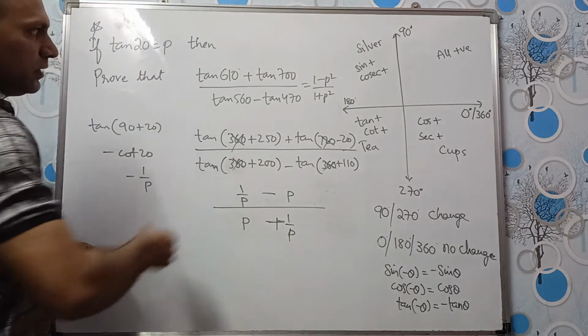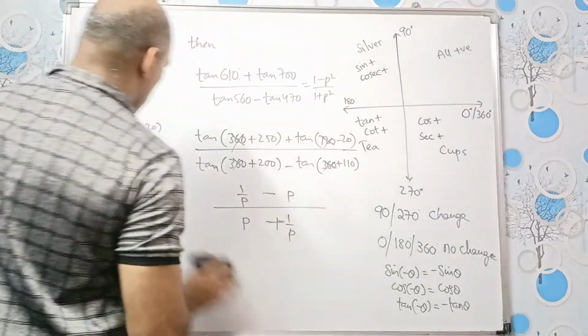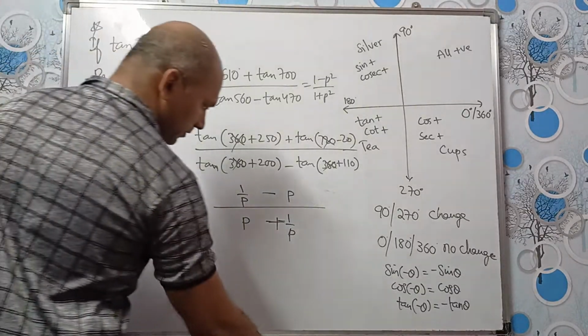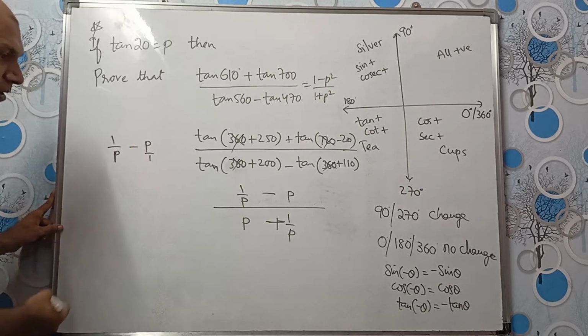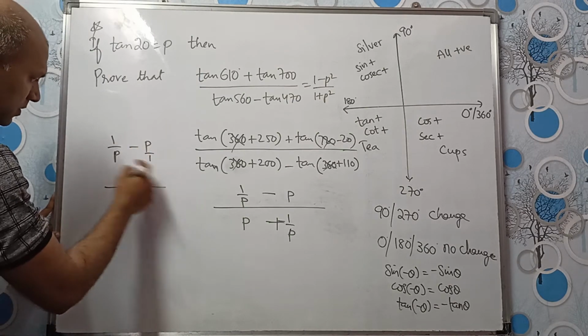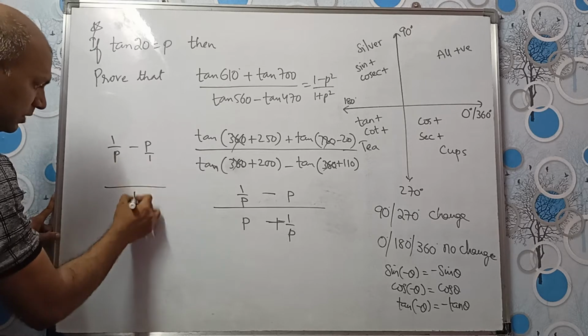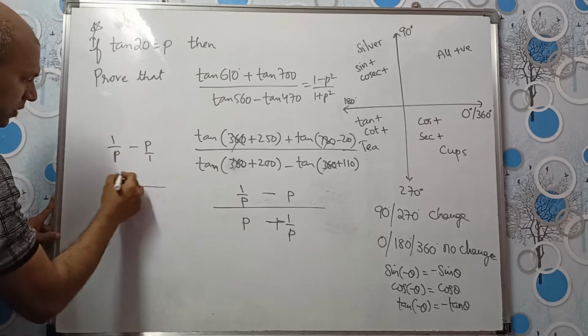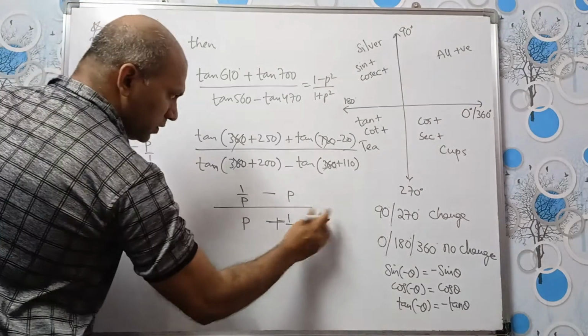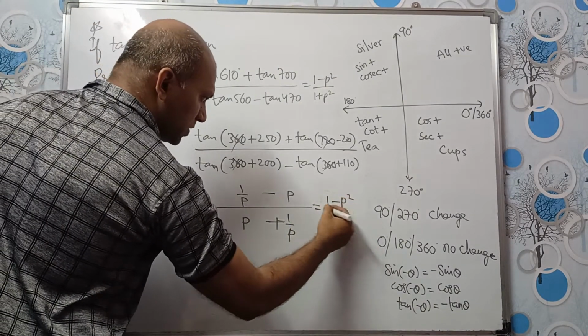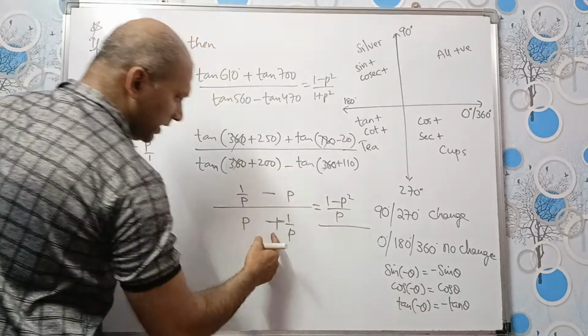Now see, we will get this part, 1 minus p square by 1 plus p square. The numerator is 1 by p minus p. Can we write it like this? Yes. Denominators are different. 1 into p is p. Cross multiply: 1 into 1 is 1, minus p into p is p square. So the numerator is 1 minus p square divided by p, whole divided by this one now.